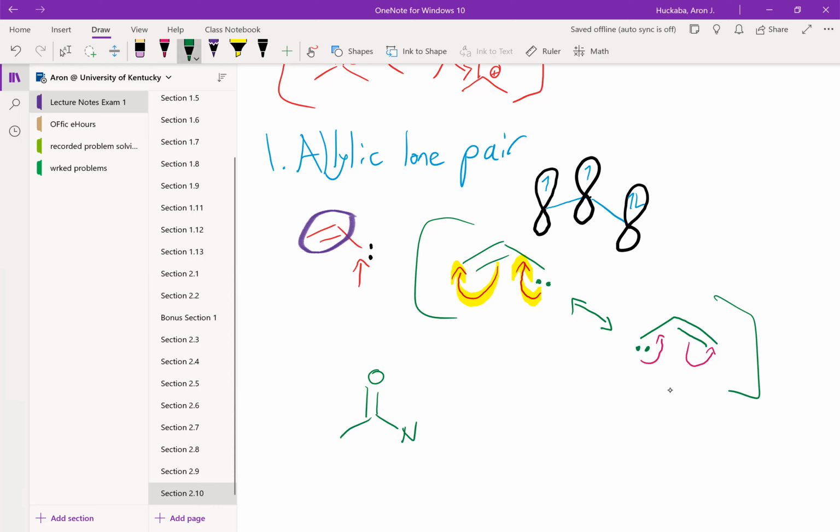So we could have an example like this, where the lone pair of nitrogen can now act as the allylic lone pair, pushing up the double bond between the carbon and oxygen to be just on the oxygen to leave you with a structure that looks like this.